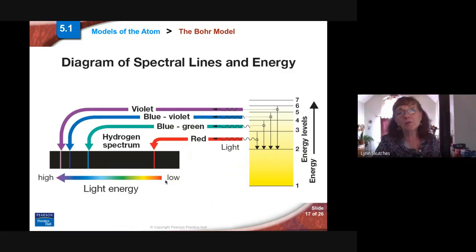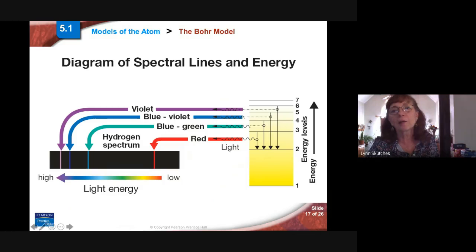In the case of hydrogen, there are these 4 different colored lines. Different scientists saw different patterns depending on whether they were looking at ultraviolet light, infrared radiation, or visible light. If the electron is at the 3rd energy level and goes down to the 2nd, it gives off red light that's visible to your eyeballs.